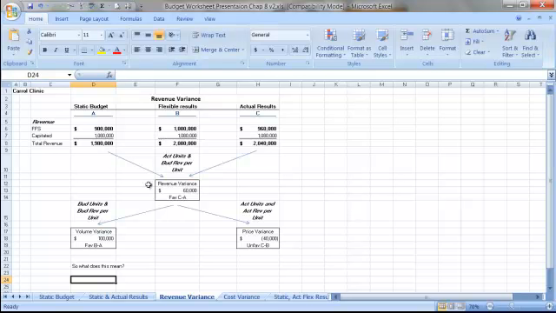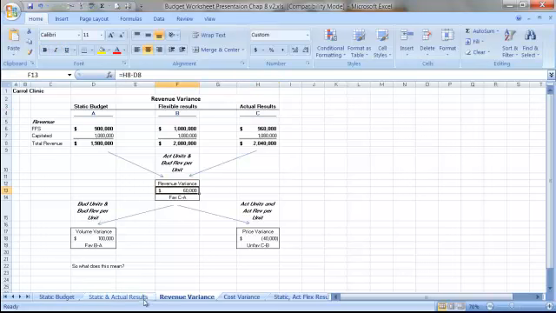So simply here, our variance we saw was a favorable variance in revenue. Because we know our static budget was 1980, we ended up at 2040, giving us a favorable variance. I put a little A, B, and C up here, and this is just C minus A, which gives us the 60,000.